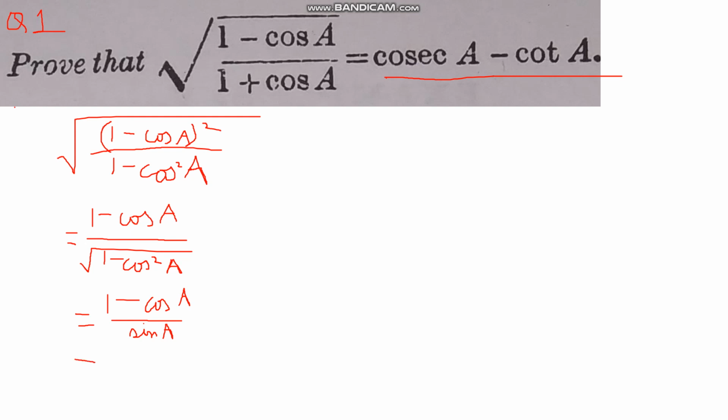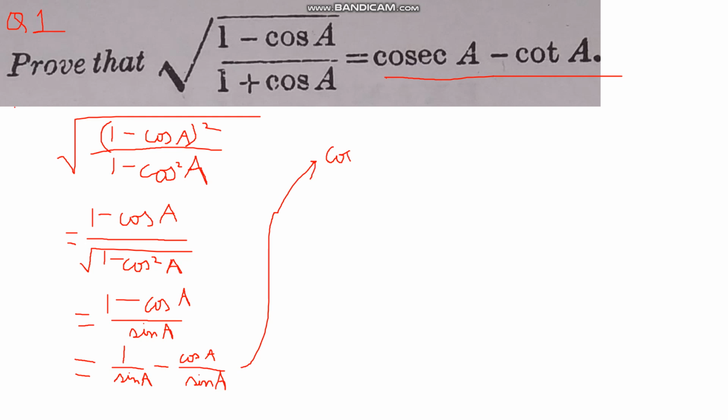Now we can write this as 1 by sin A minus cos A by sin A. What is this? 1 by sin A is cosec A. I am writing directly from here to here.